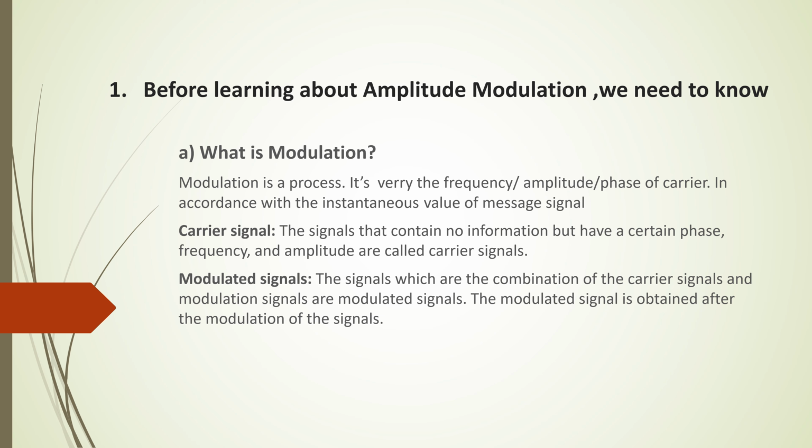Carrier signal: the signals that contain no information but have a certain phase, frequency, and amplitude are called carrier signals. Modulated signals: the signals which are the combination of the carrier signals and modulation signals are modulated signals. The modulated signal is obtained after the modulation of the signal.